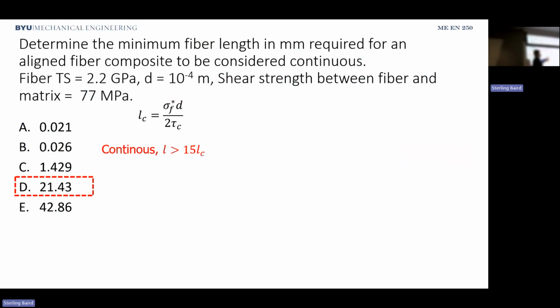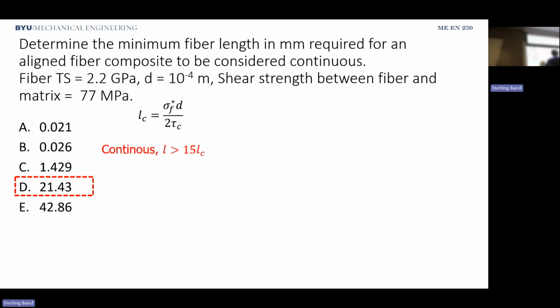So what do we get for L sub C? The 1 point. Okay. Are we okay? So for L sub C, we got 1.429.